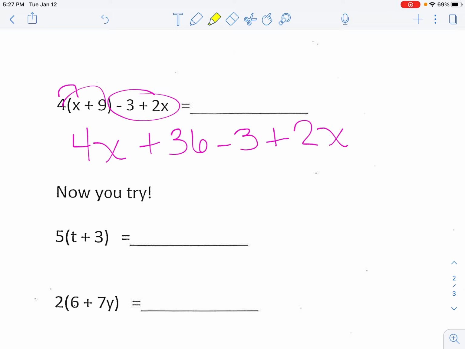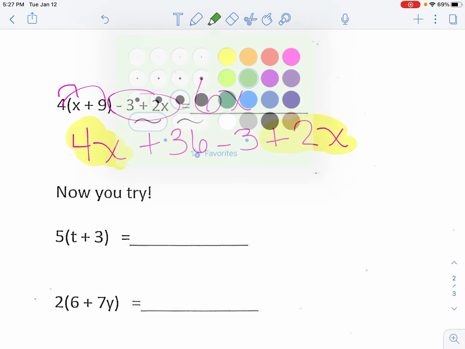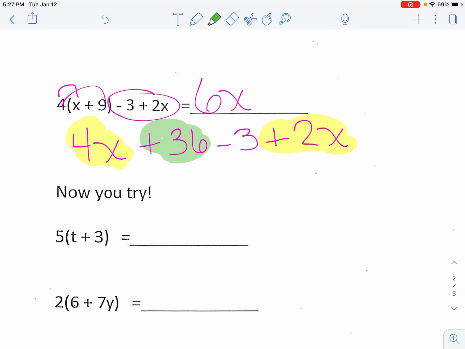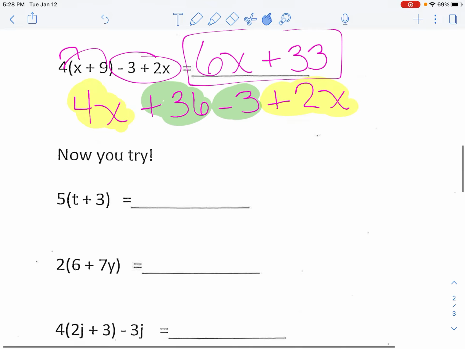After you distribute, you're going to combine like terms. Anything that's the same, you're allowed to combine. So I see I have a 4x and a 2x. That makes 6x. I also see I've got a 36 minus 3. That's 33. 6x plus 33, final answer.